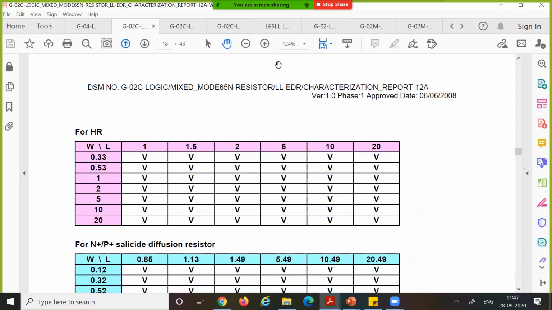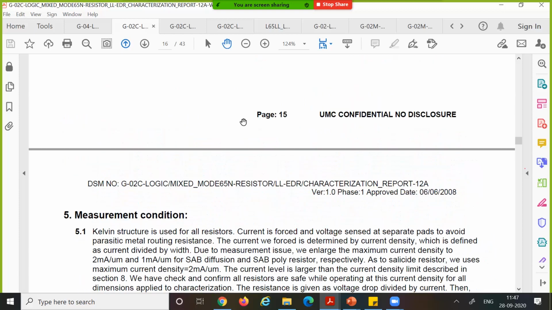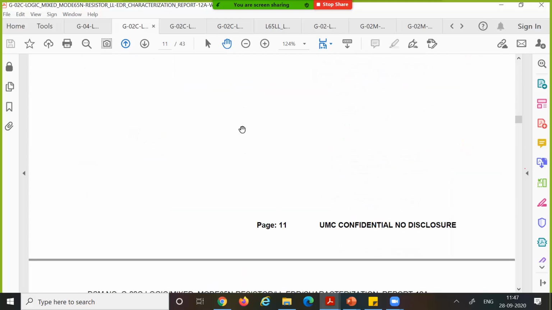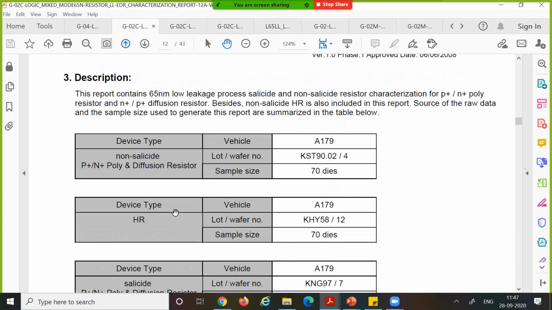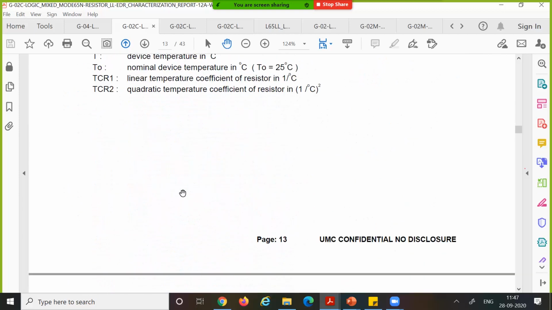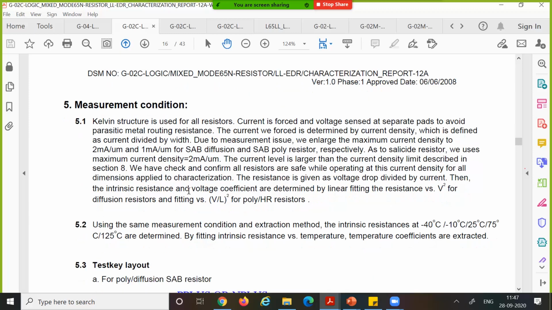Sir, what was SAB in those tables above? Right. Let me just show you that thing. They have these two different varieties. So you have a non-salicide poly or diffusion resistor and salicided poly or diffusion. Now, SAB refers to basically the non-salicided version. There is some SAB diffusion.